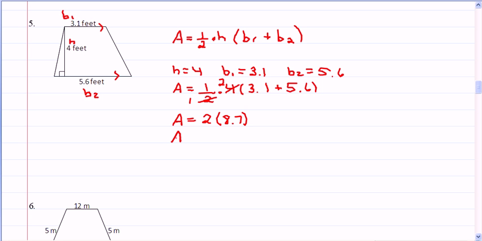So if I take 2 times 8.7, I get 17.4, and the units are in feet squared or square feet. So the area of this trapezoid is 17.4 square feet.